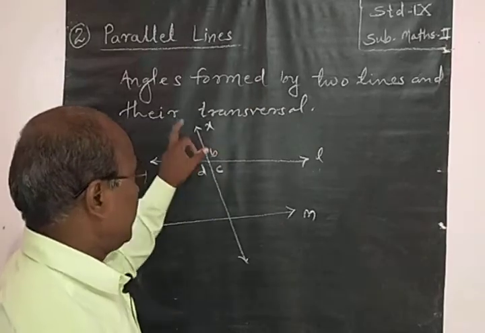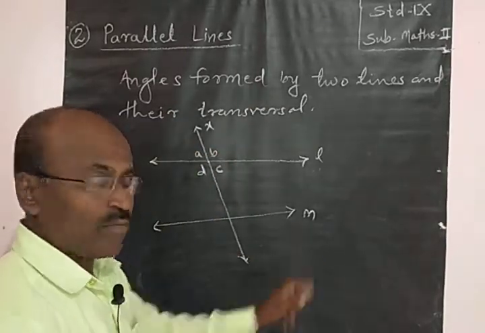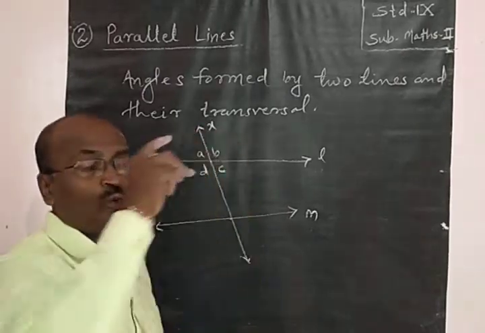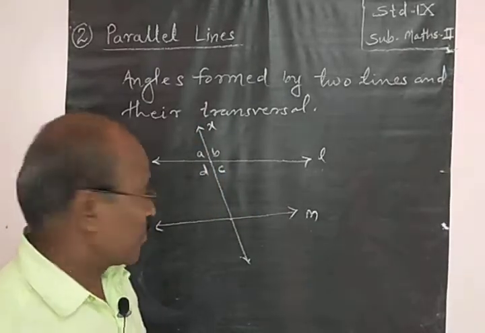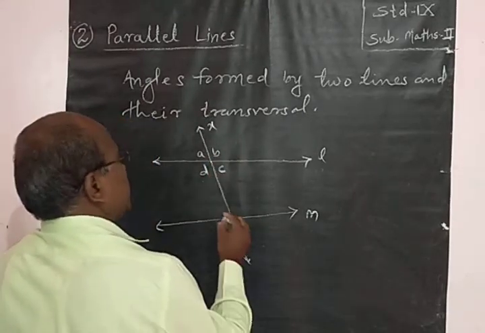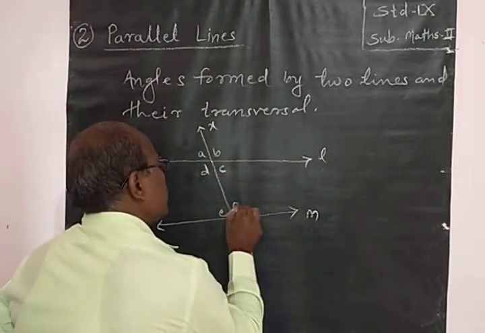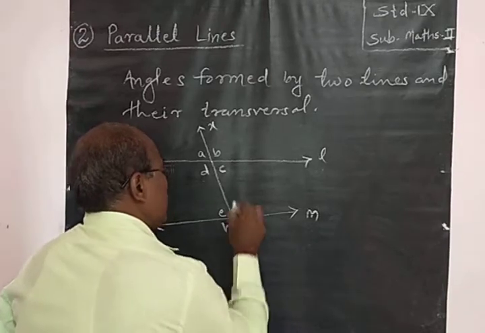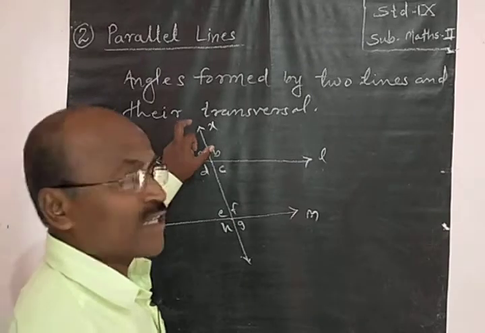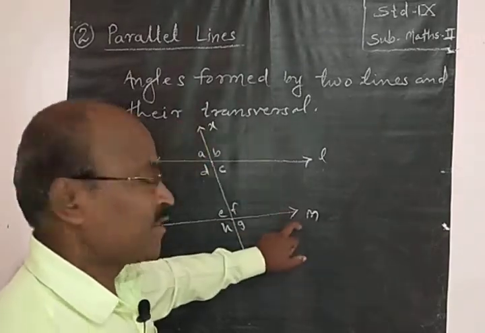Again, line X and line M intersect at this point. So here also four angles are formed. Let these angles be E, F, G, H. These are the four angles formed by the transversal X and the line M.